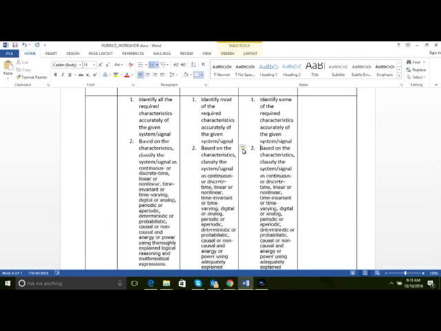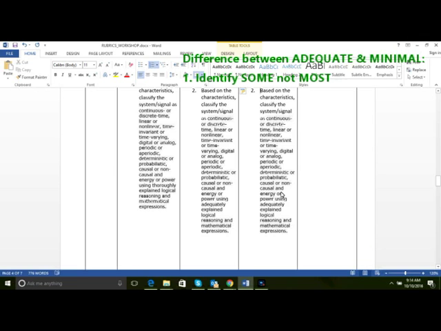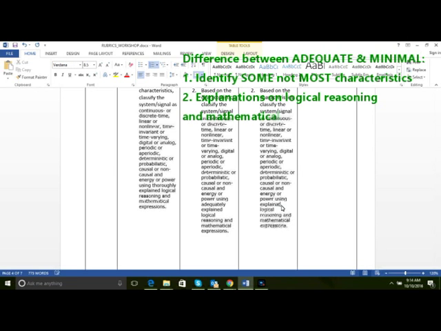And the second step would be based on the characteristics, classify the system or signal as per the given types, using explanations for logical reasoning and mathematical expressions that do contain some errors.